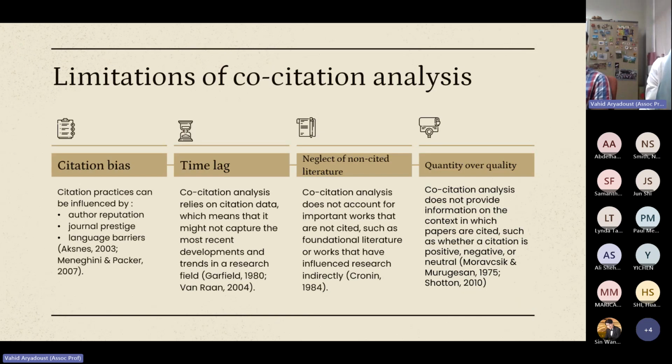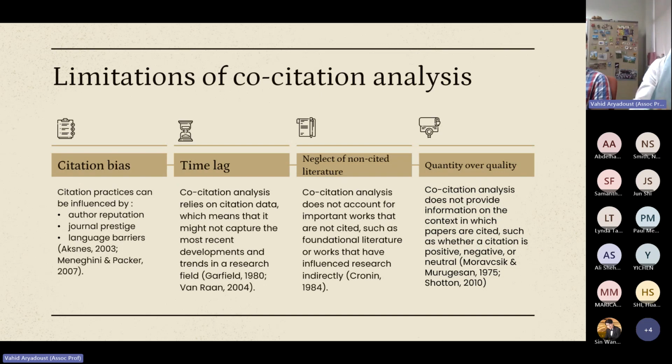That brings us to the limitations of co-citation analysis. Because we are looking at data at a massive scale, information will be lost, and unfortunately this information tends to be the context of use. You don't really know whether people are citing these publications because they agree with the authors or they disagree, for example.